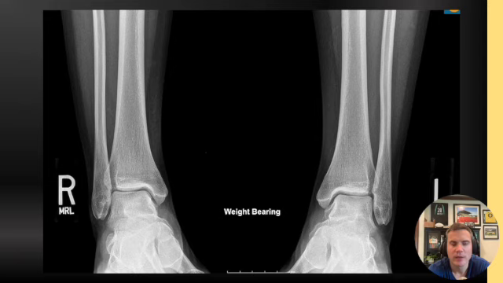So this is a mid 20-year-old female presenting with right-sided ankle pain, and she's a former Division I athlete. She's now into CrossFit and training for some of these obstacle endurance races, and she rolls her ankle after she steps in a hole on the right side, and she presents after 4 to 5 months of physical therapy.